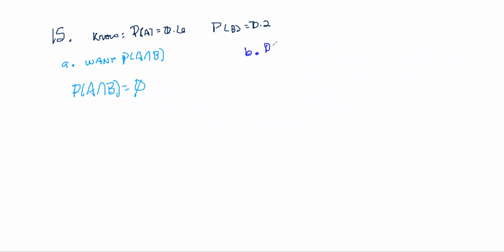Now we want the probability of A union B. Well, we know that there are no intersections.